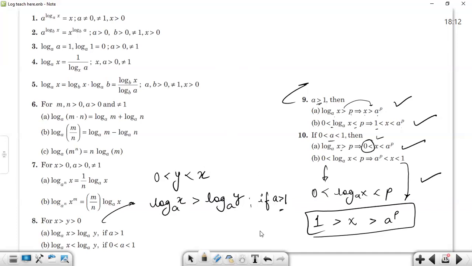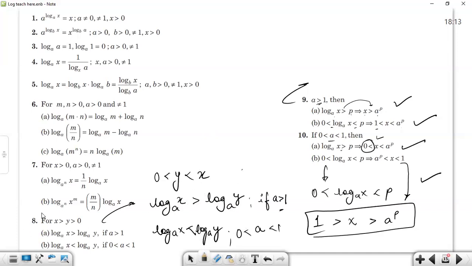But when a belongs between 1 and 0, the case will turn, because the base is less than 1. So the graph was having a negative correlation, meaning when x was increasing, y was decreasing. So when x is greater, its logarithm value will be less than the logarithm value of y. That is the logic behind it. Understood?